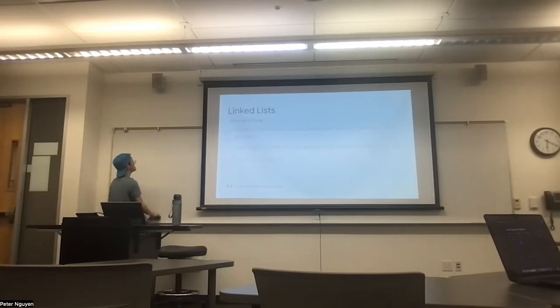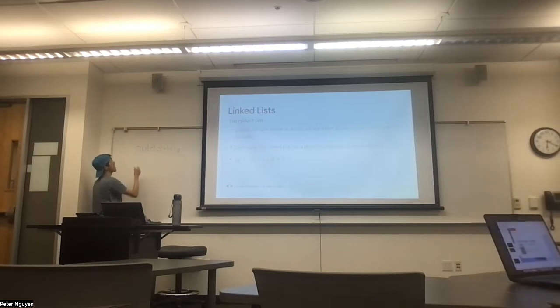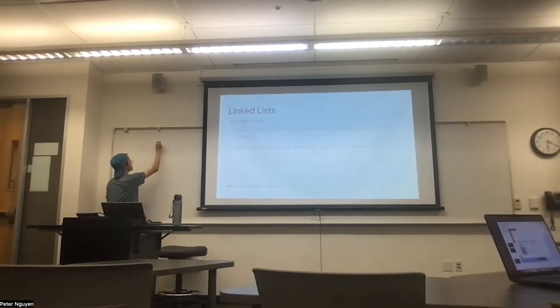What the heck? So an array is stored as like a block in memory. So you have your elements. And the good thing about an array is that you can access any element that you want in constant time. So you could say, I want the 6th element, and you can do that immediately.